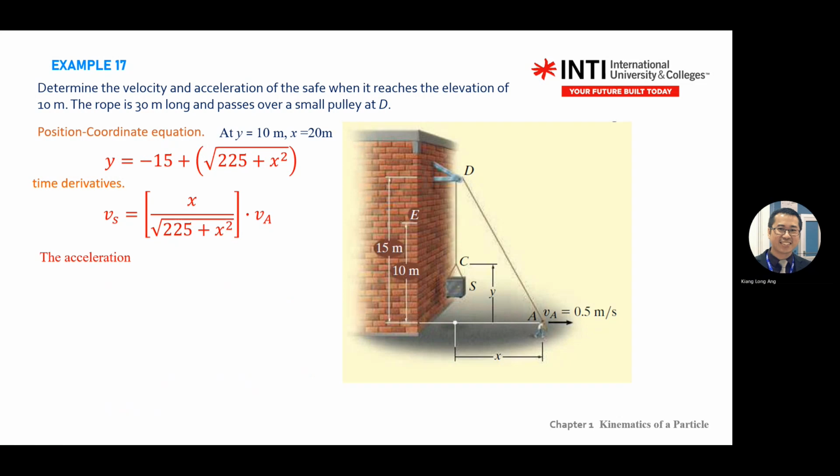Acceleration is still the same. So you have two equations. One, y equal to something you derive from the earlier steps. VS, you get one equation. So acceleration is a equal to dv/dt, or double differentiation of position. So there are two equations that you can use. Differentiate this one 2 times or differentiate this one 1 time.